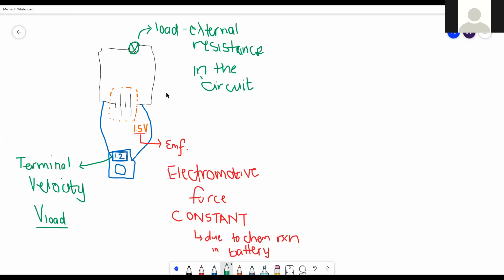So if you now look at this battery, this terminal velocity is the potential difference of the circuit, so it's your voltage of the circuit.